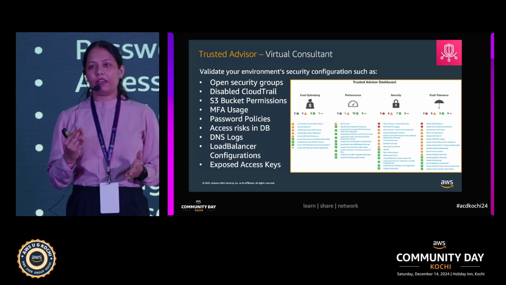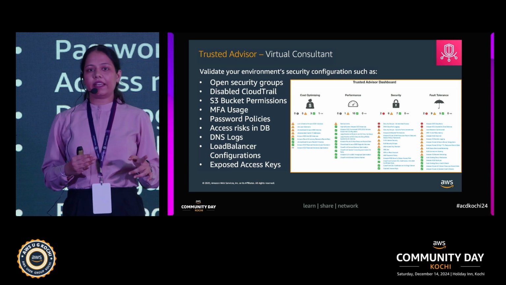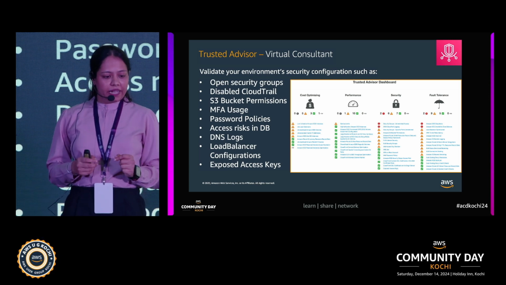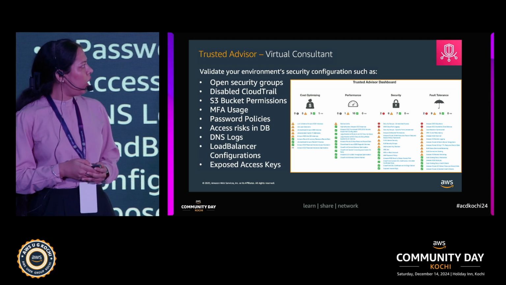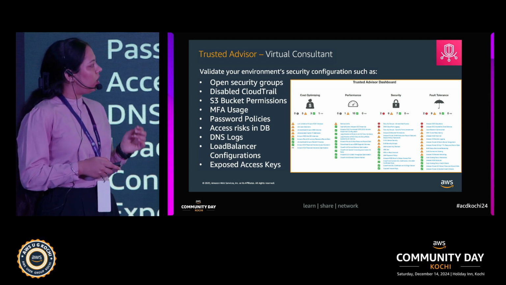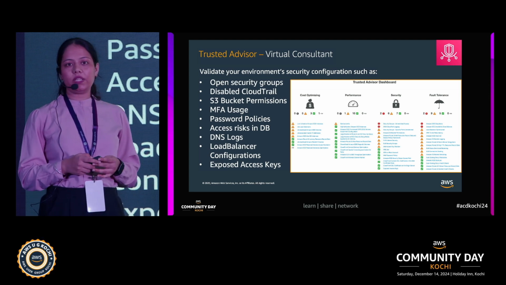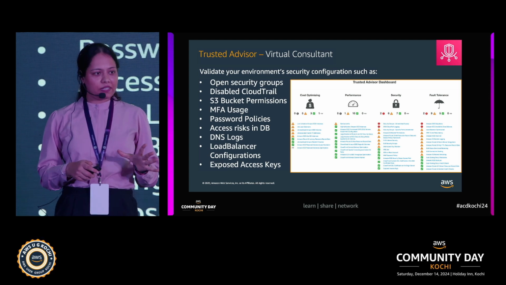If it is an EC2 instance, it will give us the instance ID. So if we directly click on it, it will take us to that console. If you're seeing this, you will get to see some are marked with red, some are marked with orange, and some are marked with green. Think of it as a traffic signal, right?